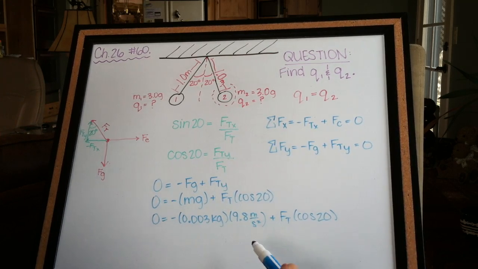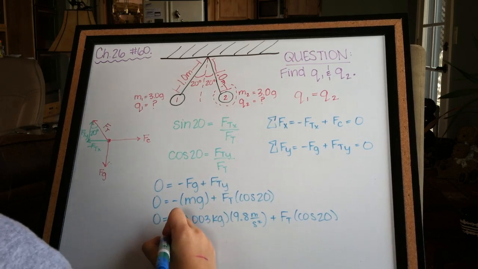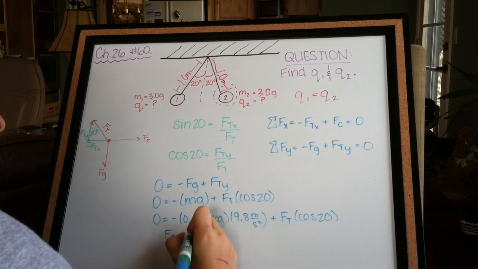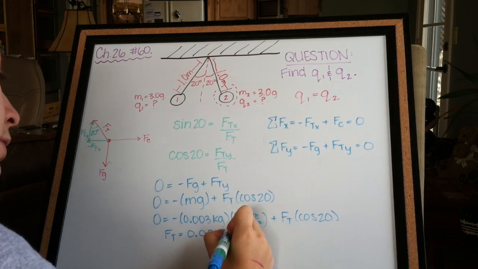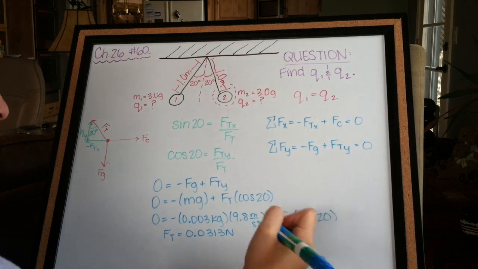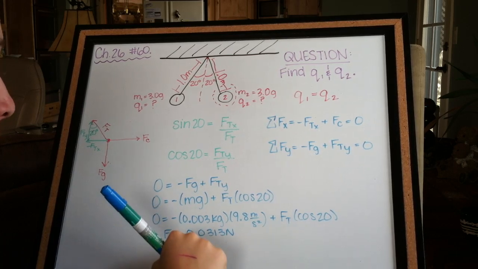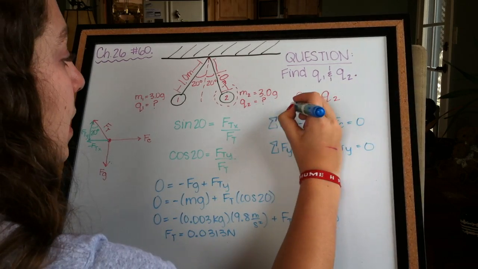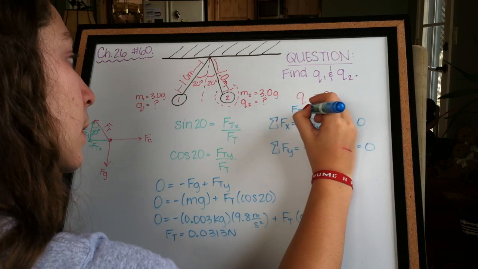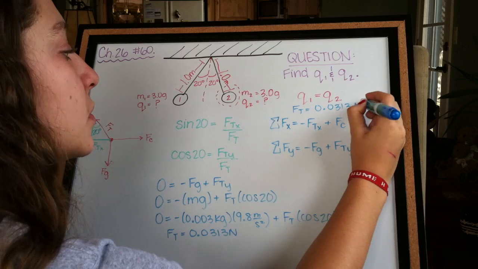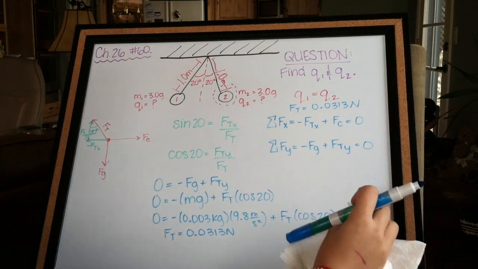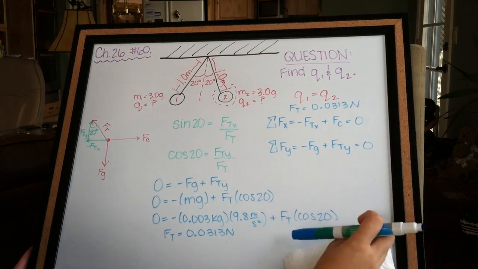We can just use algebra to solve for force tension, and when you do, you get 0.0313 newtons. Now I need to remember this, so I'm just going to write it up here because it'll help me when solving for the sum of the forces in the x direction.